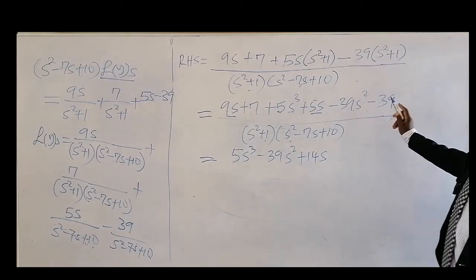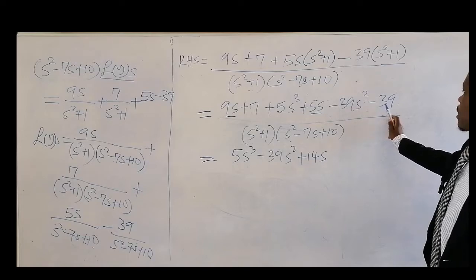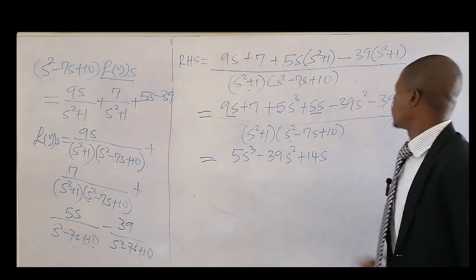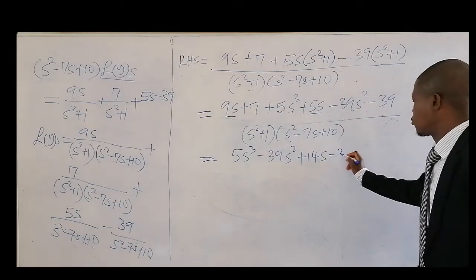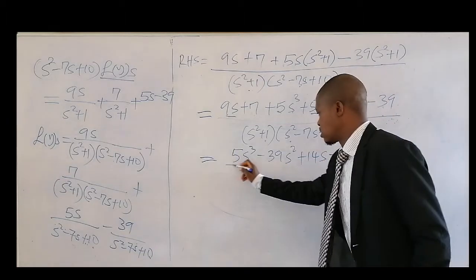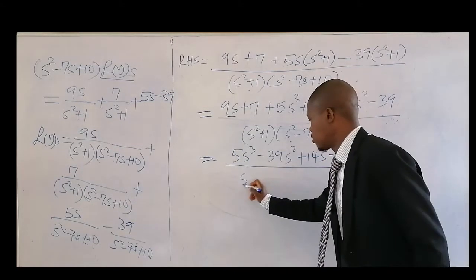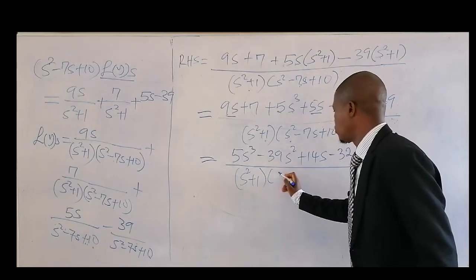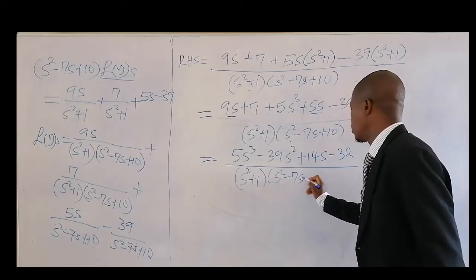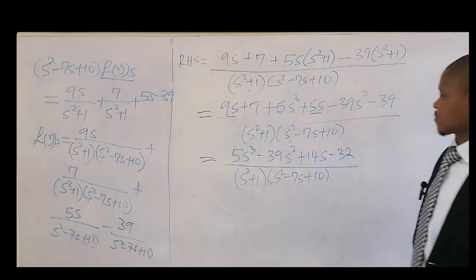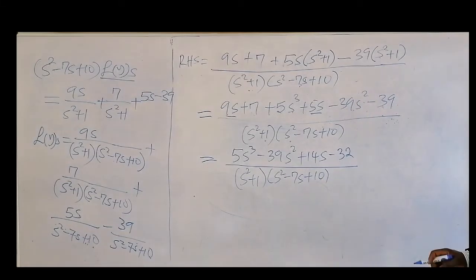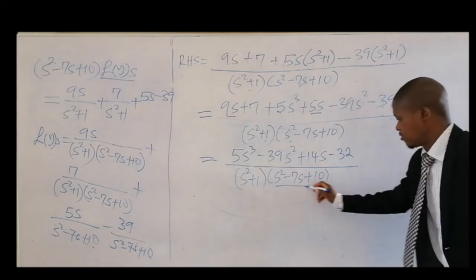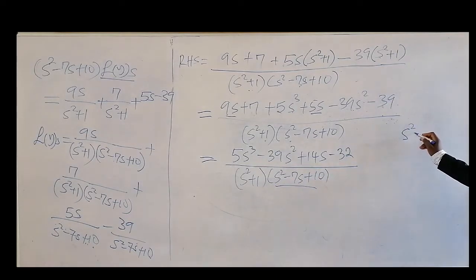Then minus 39 plus 7, that's minus 32, all over the common factor, s squared plus 1 times s squared minus 7s plus 10. Then the next thing to do now, if you look at this quadratic, I think you can factorize this.